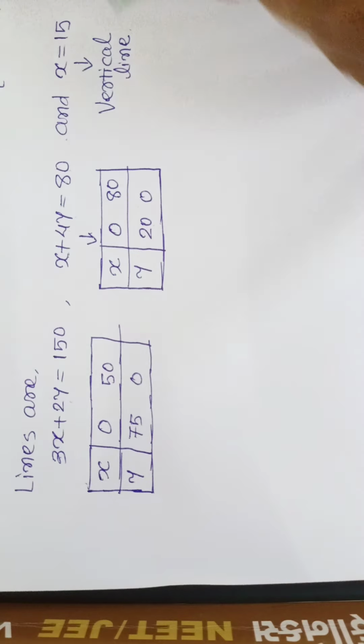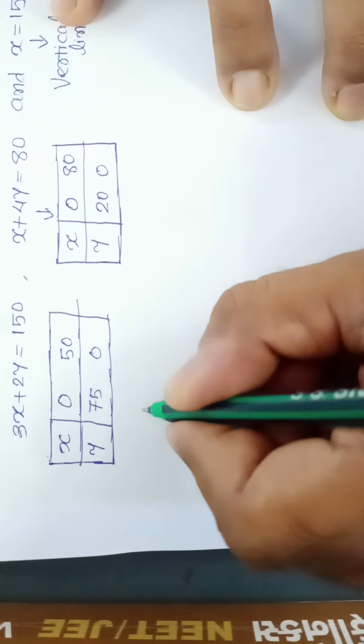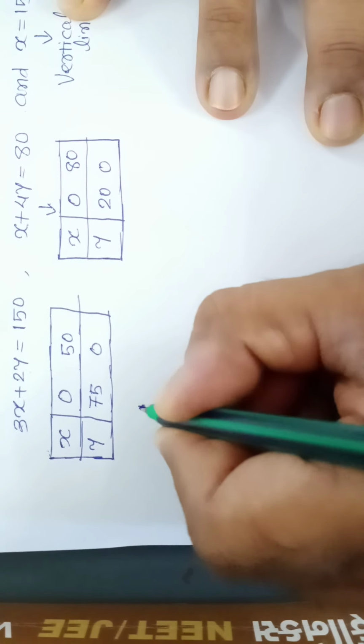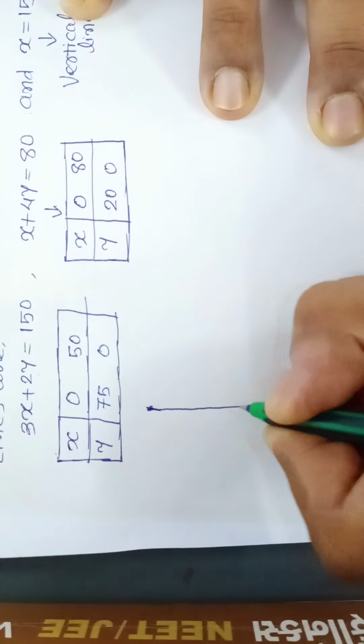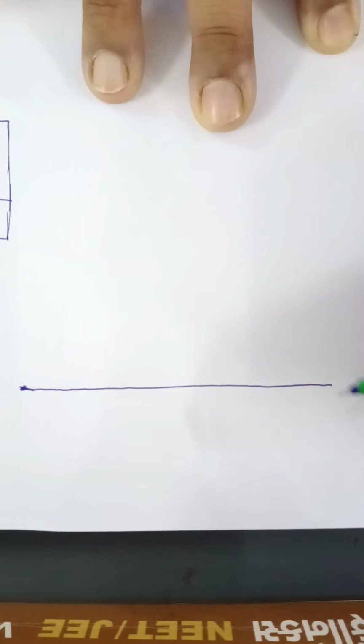Let us draw an R2 diagram. I think everything is in the first quadrant, so let me draw the first quadrant. This is the first quadrant.